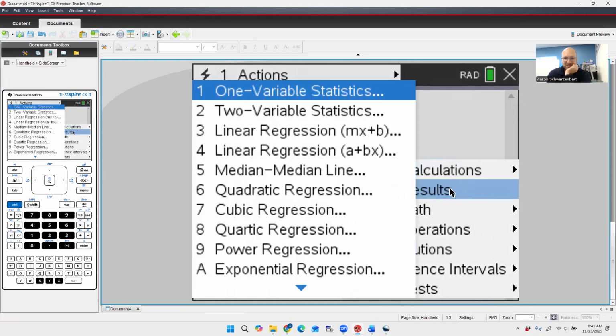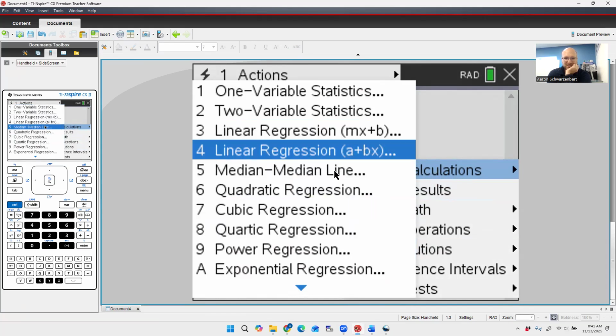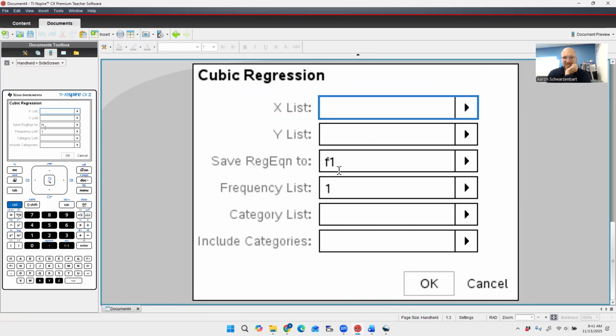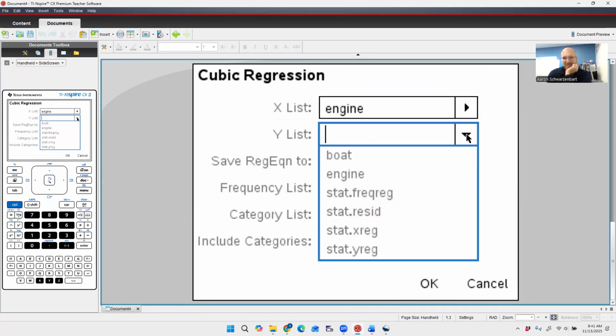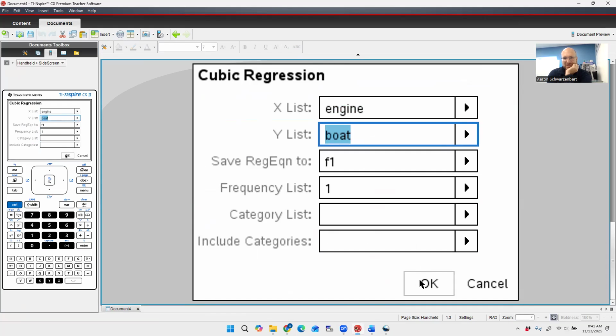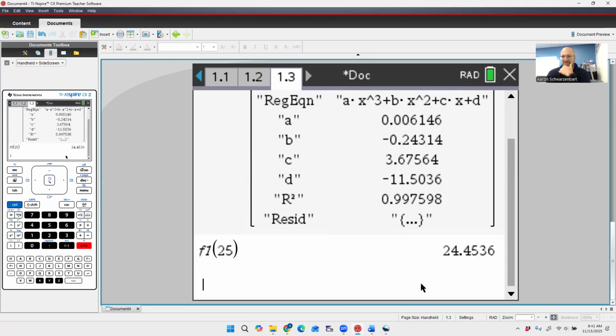Did you notice where it had allowed you to choose the function name? So when I'm doing cubic regression, save regression equation to F1. No, like function 1 on your Inspire. 25, because X was in hundreds.